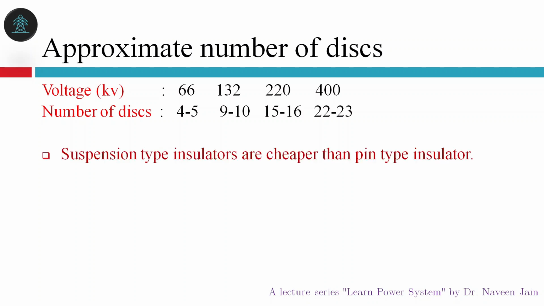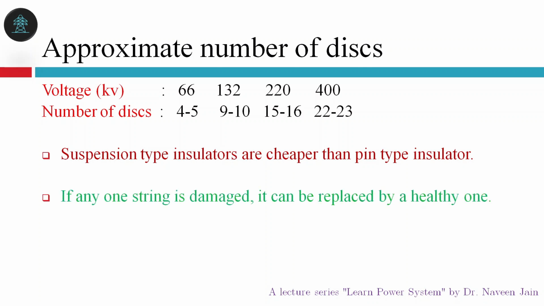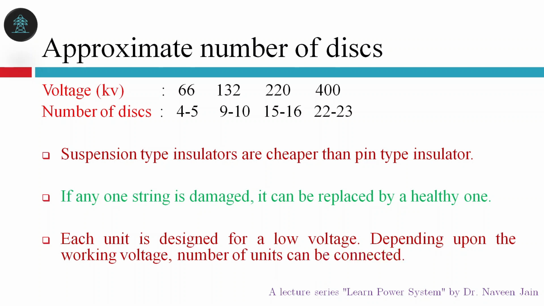There are some advantages of suspension insulators over the pin insulator. Suspension type insulators are cheaper than pin type insulators. If any one unit is damaged, it can be replaced by a healthy one. Each unit is designed for a low voltage, depending upon the working voltage, and the number of units can be connected accordingly.